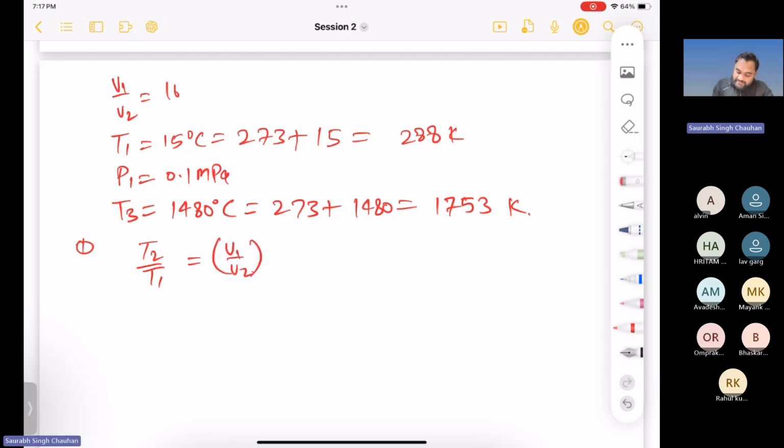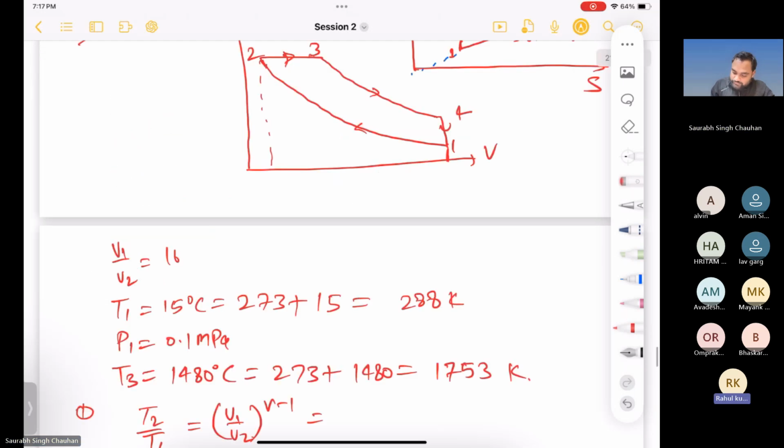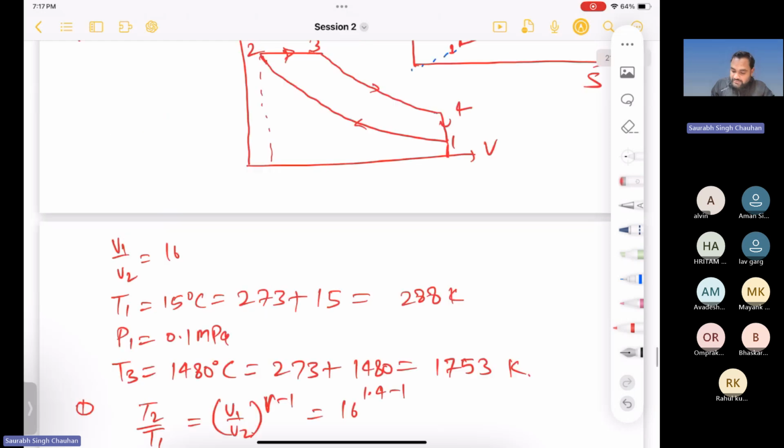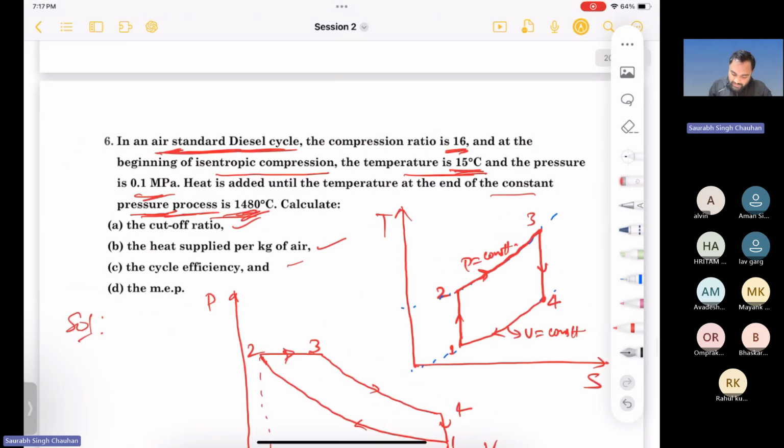So 1 to 2 is adiabatic, so we will use that relation: T2 by T1 equals V1 by V2, that is 16, to the power gamma minus 1. So 1.4 minus 1, right? Gamma is not given, so we'll use the same values that we used in the previous question.